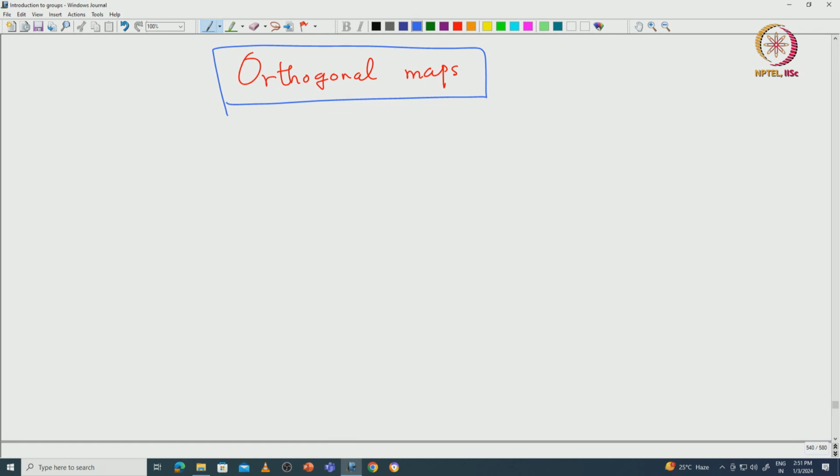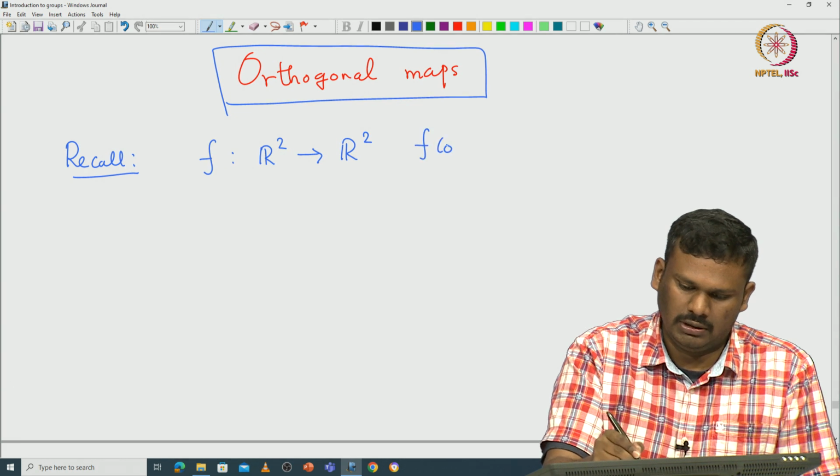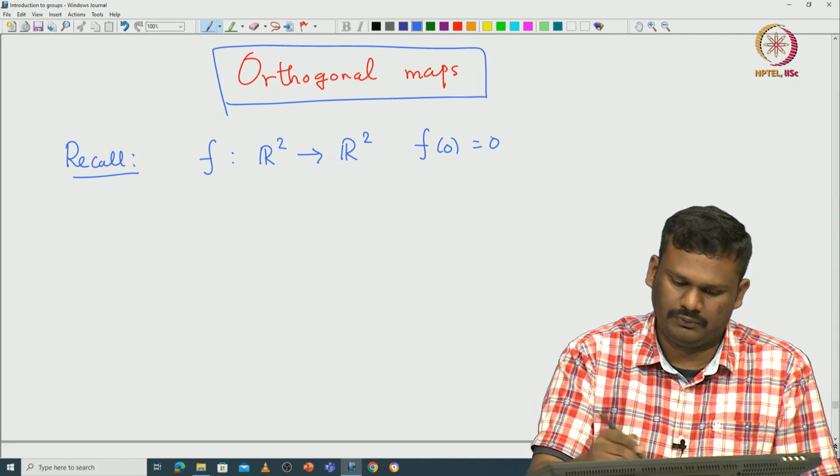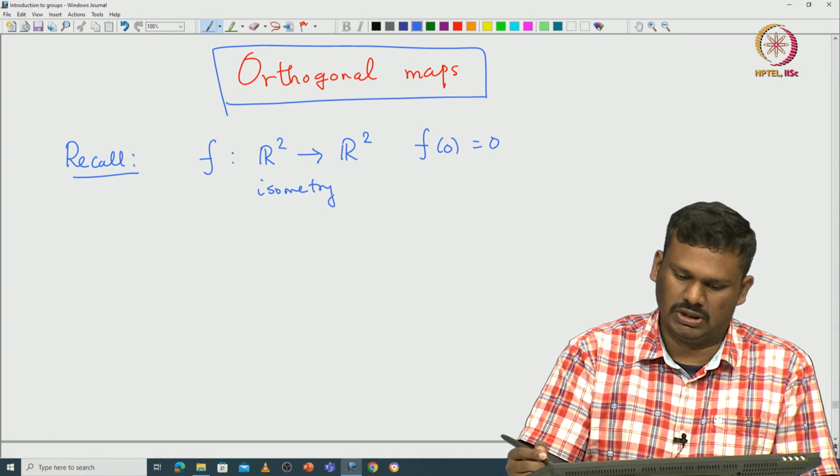Okay, so recall, we are interested in understanding an isometry that fixes the origin. So let's take f, which is an isometry, and assume that f of 0 is 0. So this is an isometry that fixes the origin.